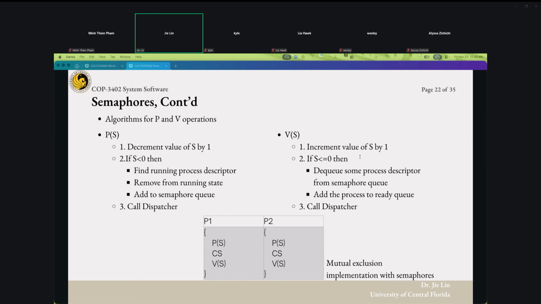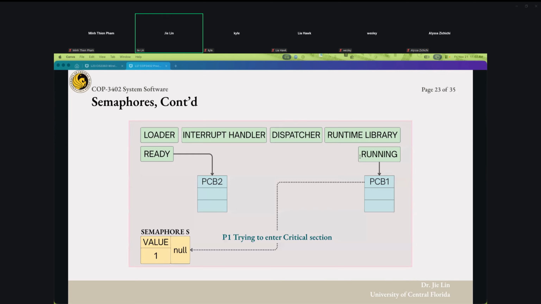But how is it doing that? That is what we have here: step-by-step execution. We begin with process P1 trying to enter its critical section. Initially, semaphore S has the value of 1, indicating that the critical section is currently free and ready to be entered.